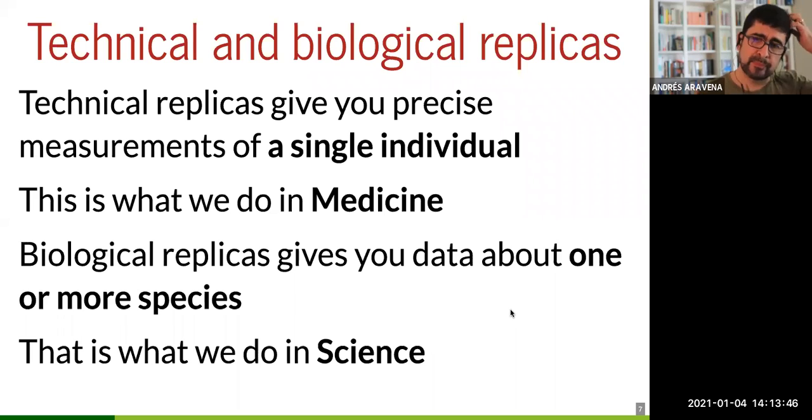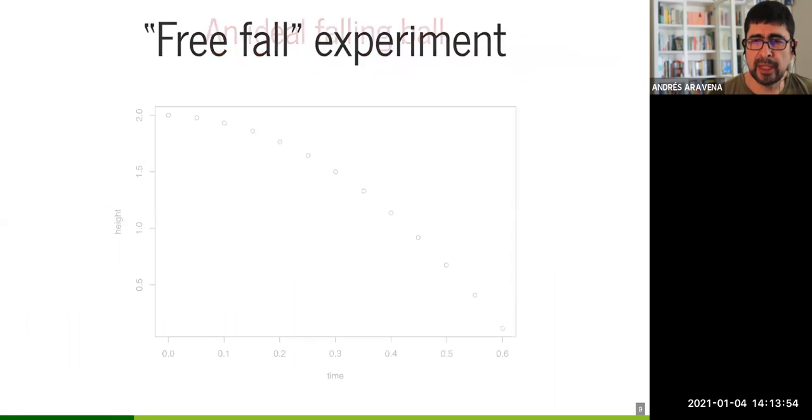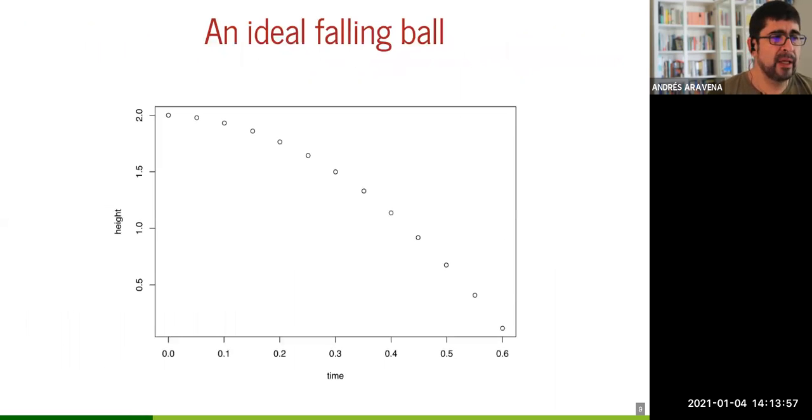Questions? So, here I draw, in the case of the free fall, we have a theoretical model that you should know, and I will get to it in a minute, but here I did a simulation. This is not real data, and you see how things should happen.